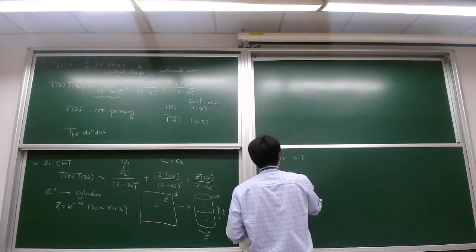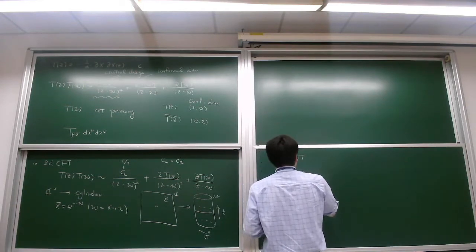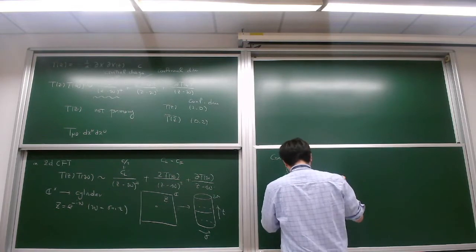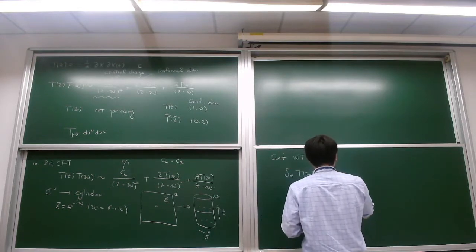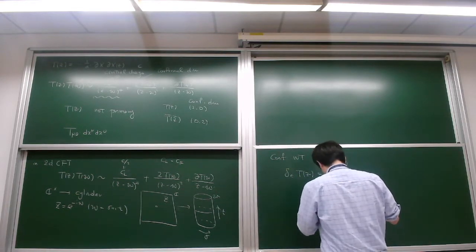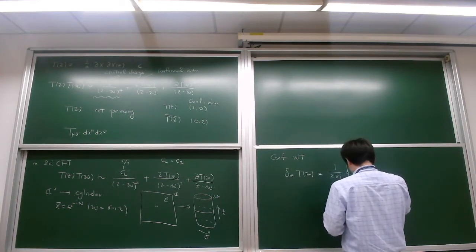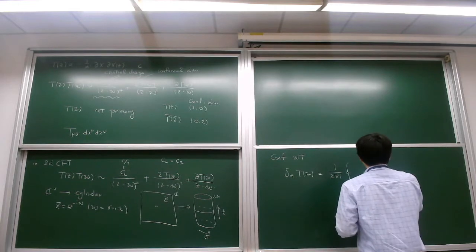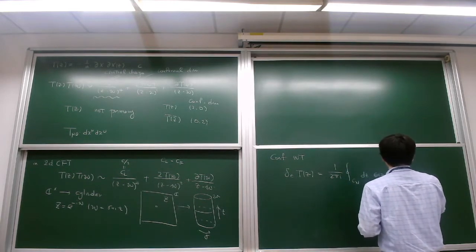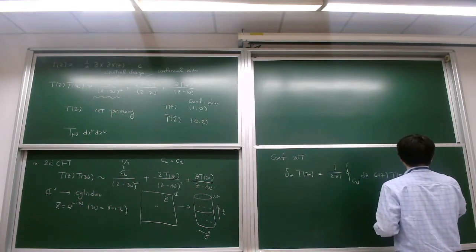Namely, you plug T(z) into the conformal Ward identity, which is 2 pi i contour integral of dz epsilon(z) T(z) T(w).